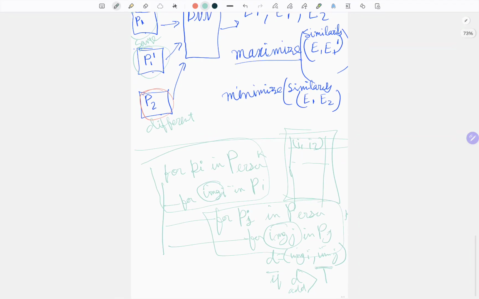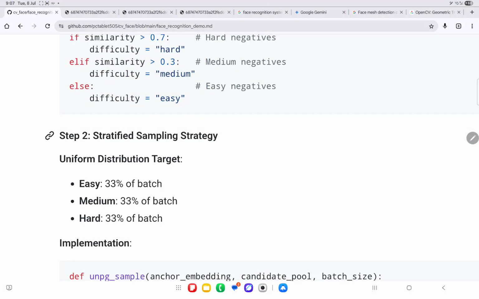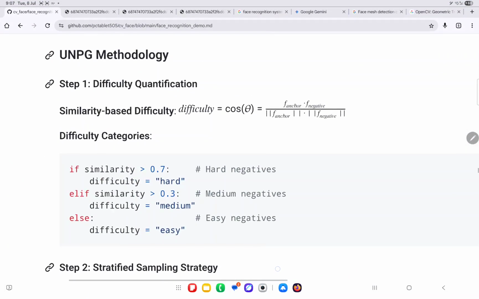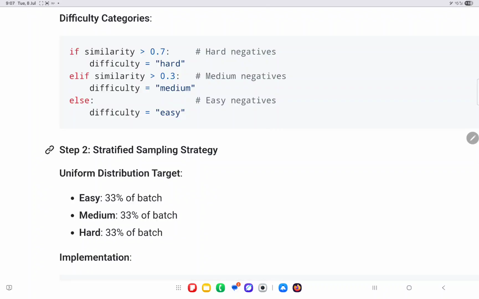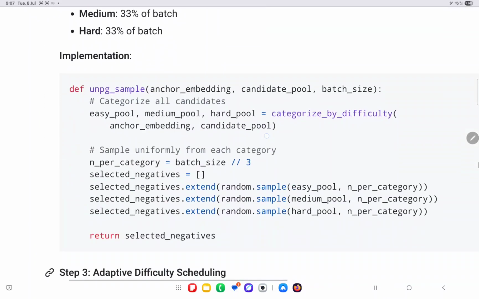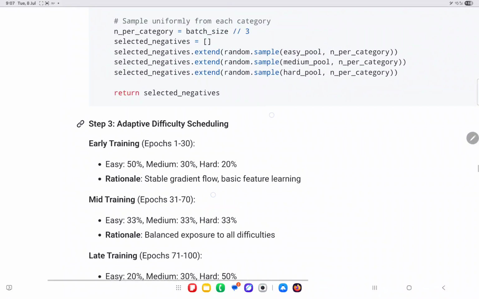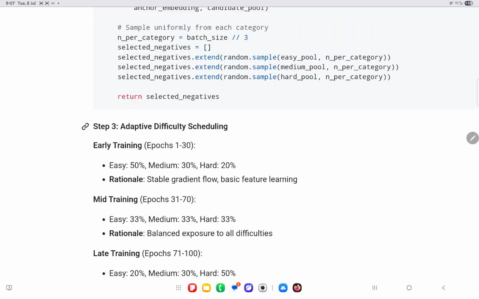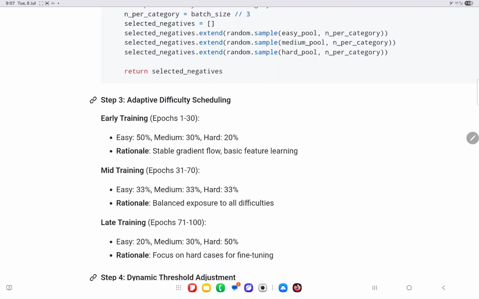It is quadratic in the number of images in the database or dataset, so that part is computationally expensive. And apart from that, once we have that filtered dataset, we retrain the model for n epochs, and we go through every pair.